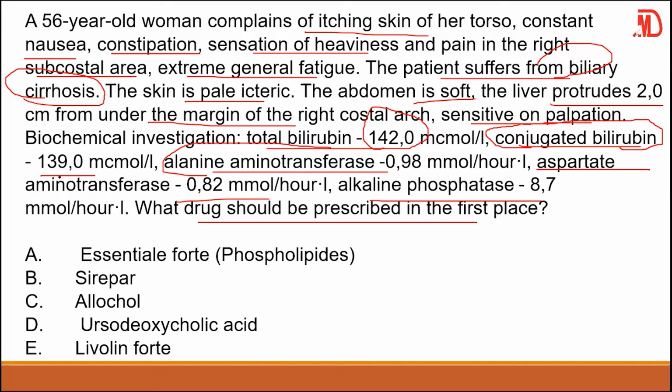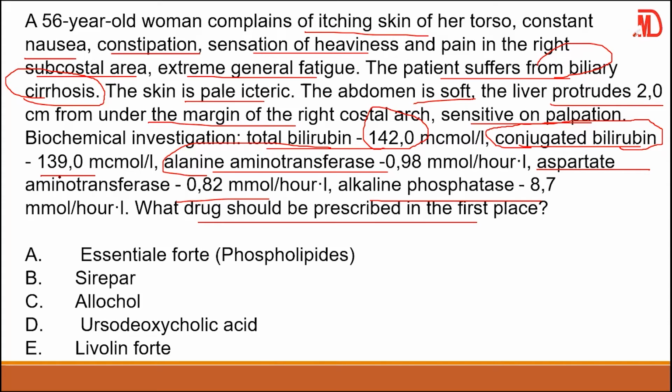And this is used to dissolve cholesterol and for treatment of gallstones and, of course, cholestatic forms of liver diseases that might even include biliary cirrhosis and things like that.